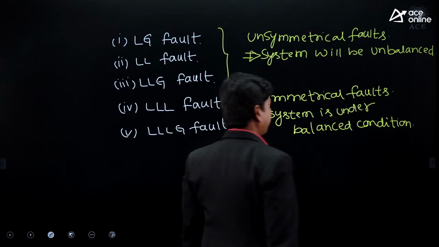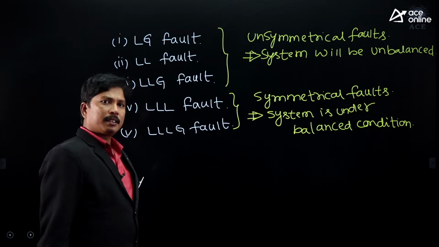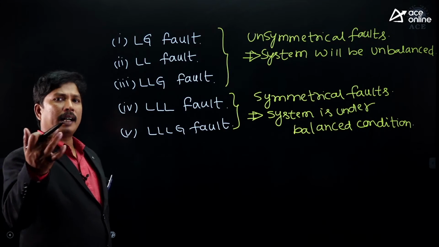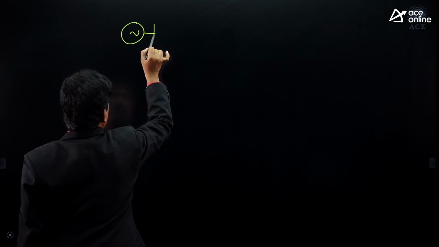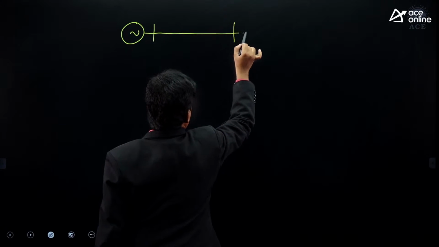See here students, coming to the consequences of short circuit faults, consider a simple power system network. Suppose you have a generator, a transmission line and the load.